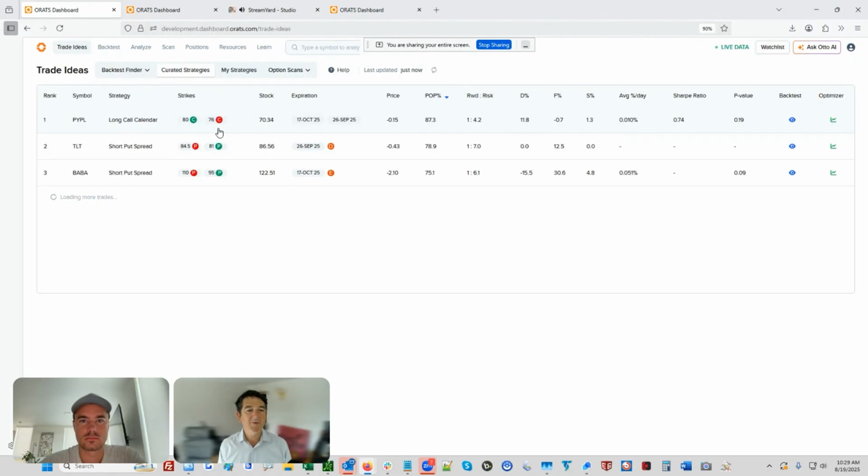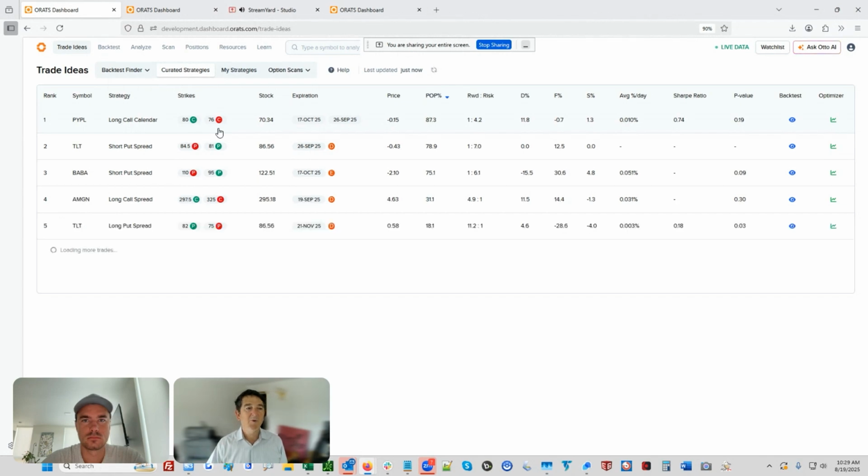Maybe we have some in there that may or may not make sense, but the ones that make sense are the better ones. And then you could put this right in your paper trading, and look at the journal and see how you're doing. It's a great workflow. It's a way to get up and going and test and learn and do all the things that you need to do to be a good trader.